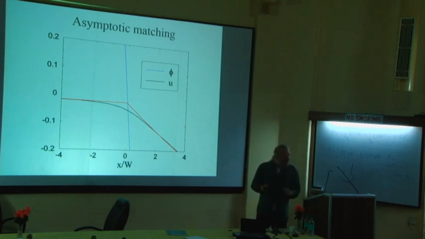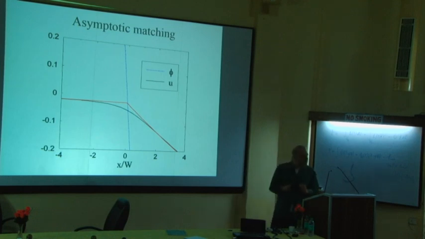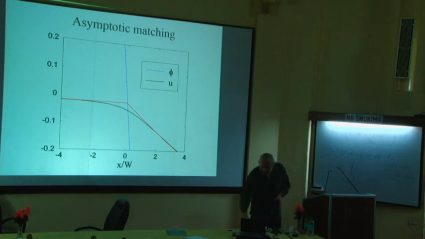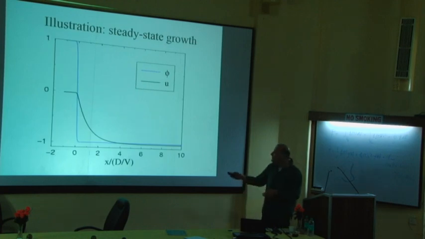Now, what are the red lines? The red lines are an illustration of this asymptotic matching procedure. You see, I have this structure inside the interface, and I have this structure outside the interface. Now what I can do is go in the outer solution and fit some asymptotes to this solution. You see this can be fitted by a straight line, and this here can be fitted by an exponential.